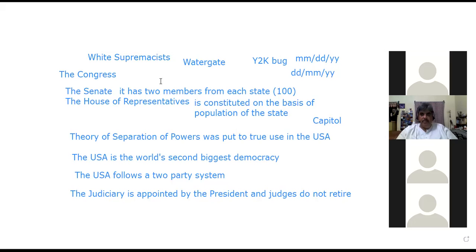They believe in the supremacy of the white population, the white supremacists. Okay, and they don't want people coming into the United States of America.